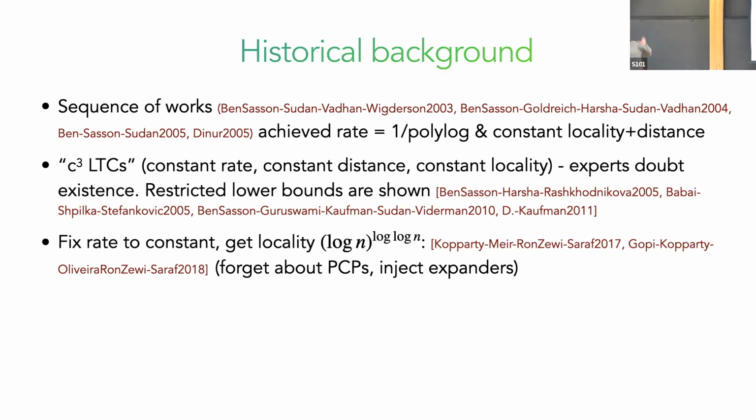The distance of the code is a constant, but what you need to achieve is that if you're given a word, you measure the distance of the word from the code, and the probability of rejection should be proportional. So if it's very close to the code, you shouldn't reject too much. Yeah. If there is a constant fraction of errors, you should detect it with constant probability. That's really the point. Right. Okay.